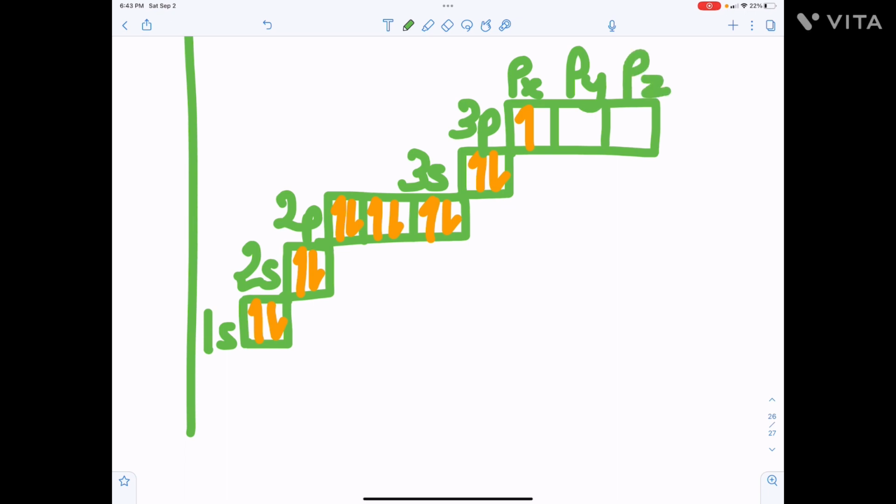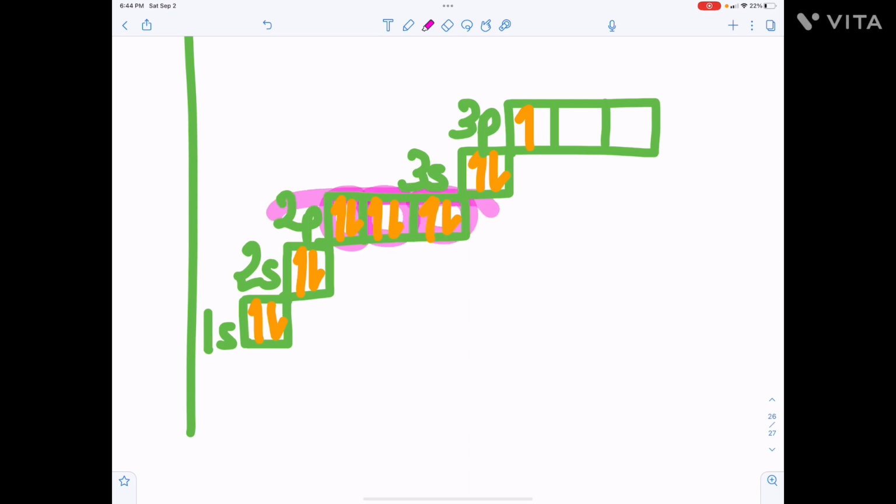This subshell has 3 orbitals in it: 3px, 3py, 3pz. Just like here too, there are 2px, 2py, and 2pz orbitals inside the p subshell. Are you getting the terminologies? A subshell also has orbitals. So take note of that.